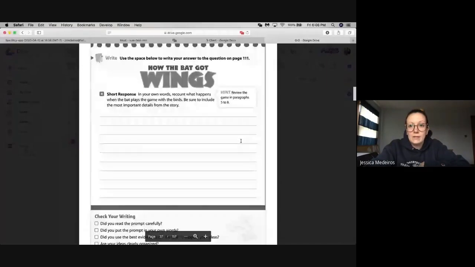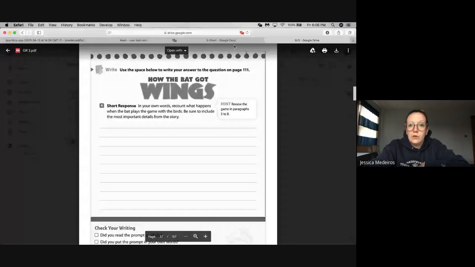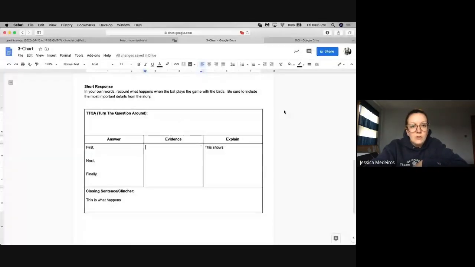Before we write, you can draw a 3 chart to help organize your writing. But I typed one up really quickly to show you how to do it. Let's look. Here's the short response. In your own words, recount what happens when the bat plays the game with the birds. Be sure to include the most important details from the story.